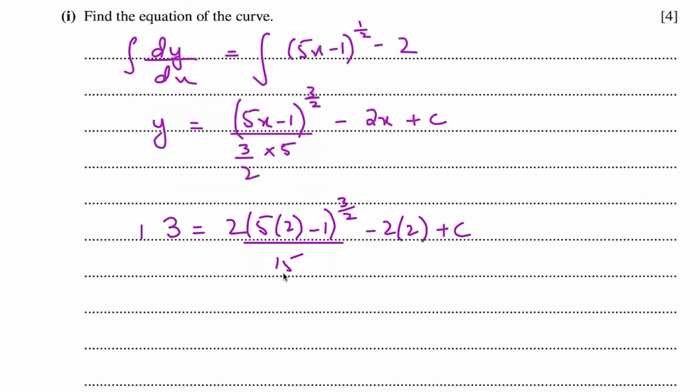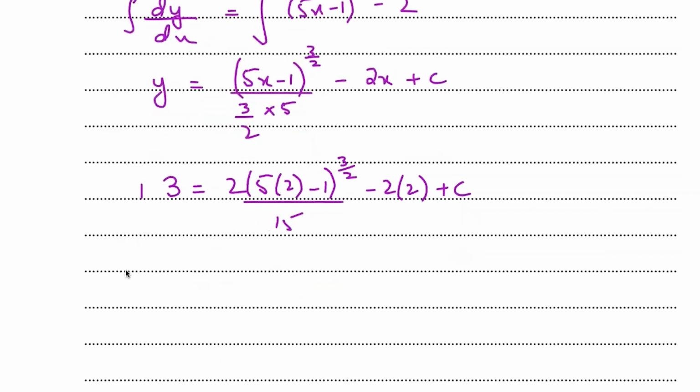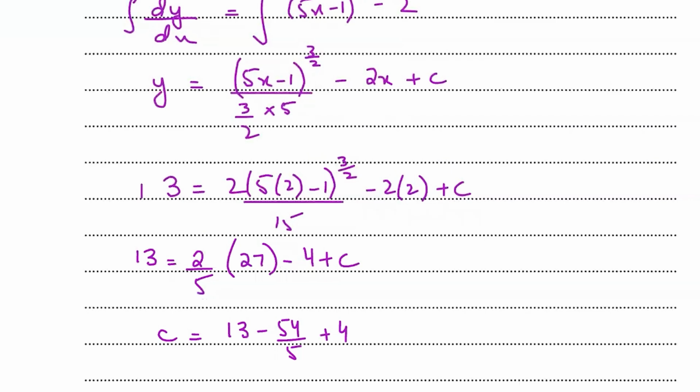So 5 times 2 is 10, 10 minus 1 is 9. So 9 to the power 3/2 will become 27, as the square root of 9 is 3 and 3 cubed is 27, minus 4 plus c. So c is equal to 13 minus 54 over 5 plus 4. c is equal to 17/5.